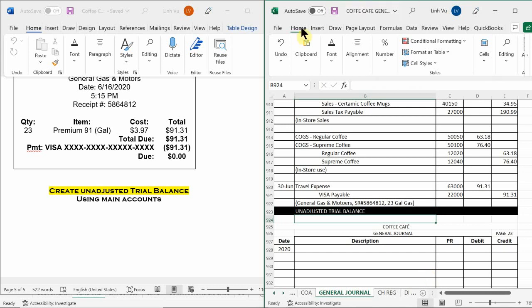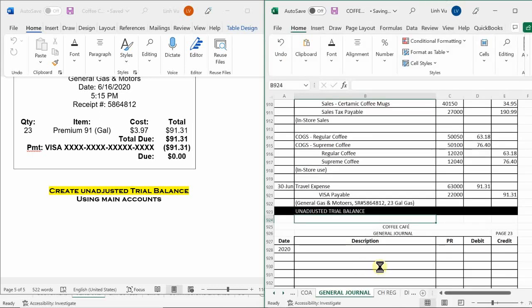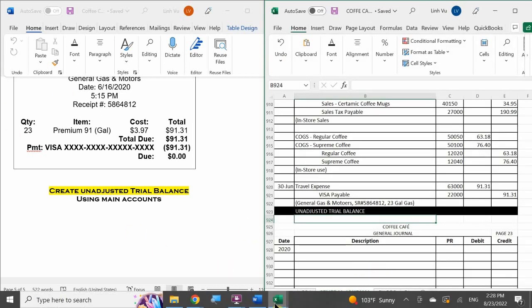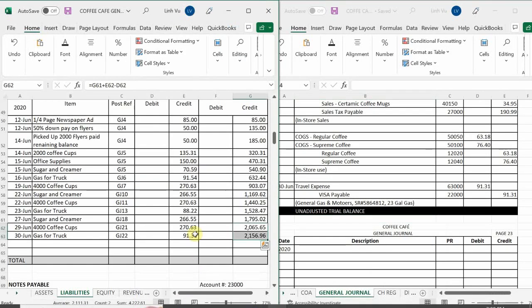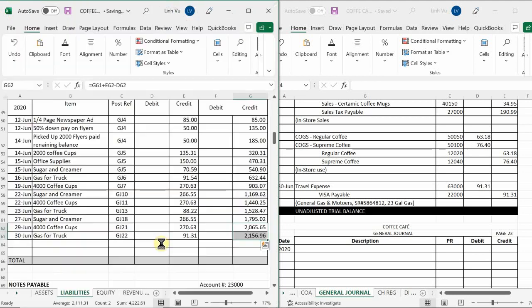Okay, so save all your work. Save, save, save. Especially save your ledger, because that is what we're going to be using to complete our unadjusted trial balance. Okay, save all the other worksheets because we will not be needing them until the adjustment section.